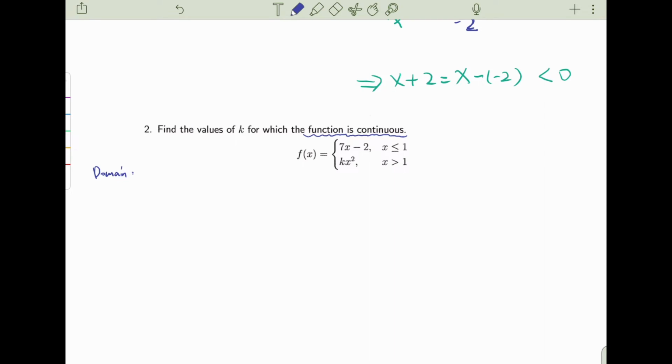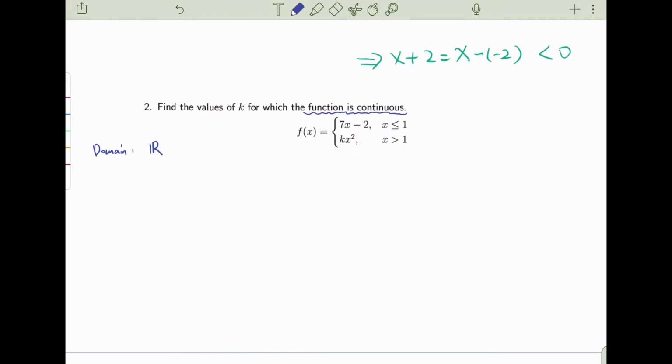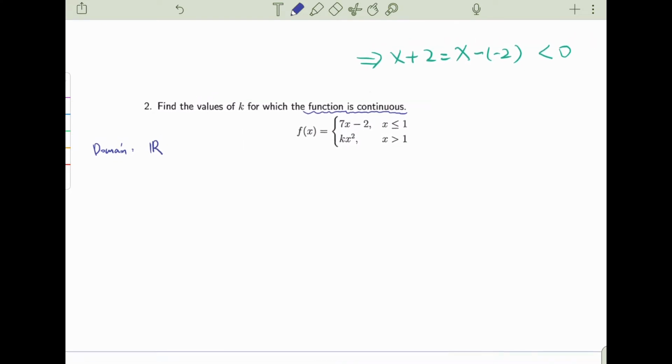It's obviously all the real numbers, because the domain is all the valid input. You can input every number in this expression. You also always get a defined output. So the domain is all the real numbers.